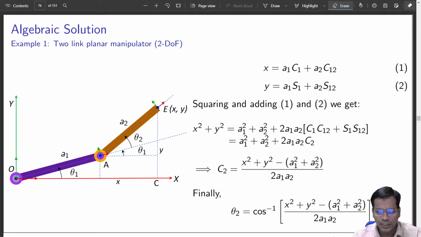So finally, theta 2 is solved. Theta 2 is now extracted for given link lengths a1 and a2, and position x, y. For this given position, at least theta 2 you now know. Now I have to find out theta 1.